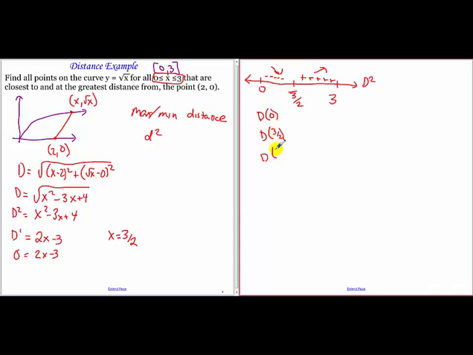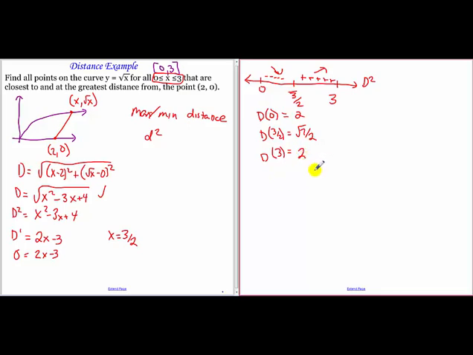So when you evaluate these, distance evaluated at 0 ends up being 2. Our distance evaluated at 3/2, now I'm plugging this into this distance function, we get the square root of 7/2. And then when I plug in 3, I get 2.